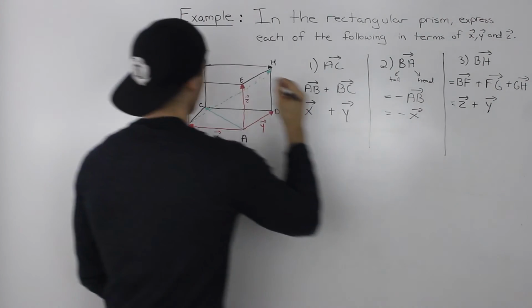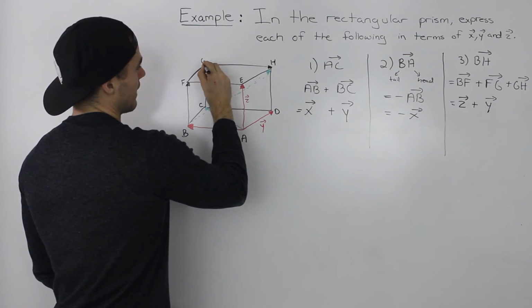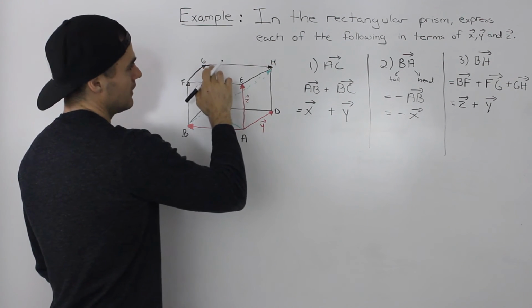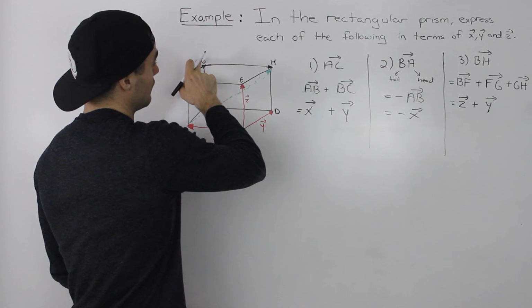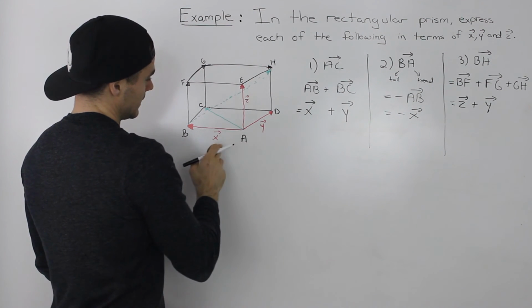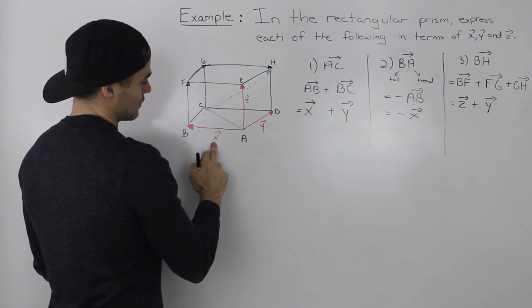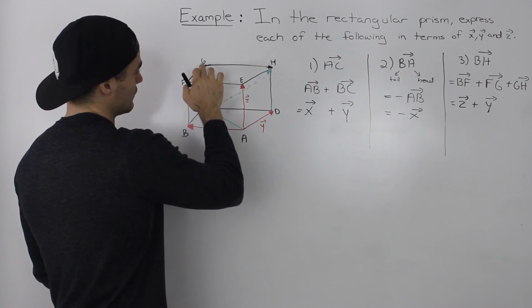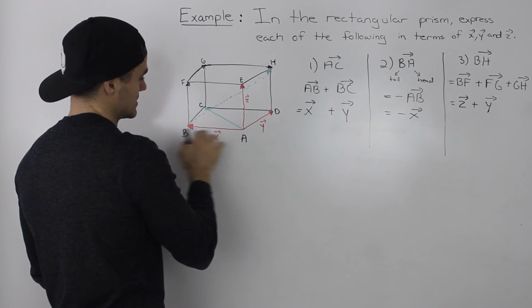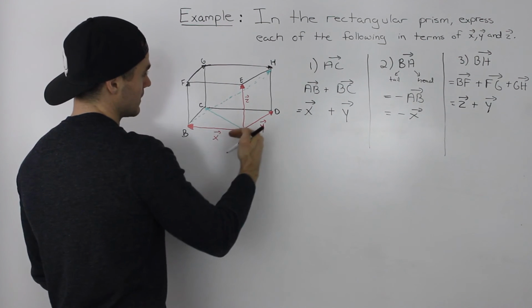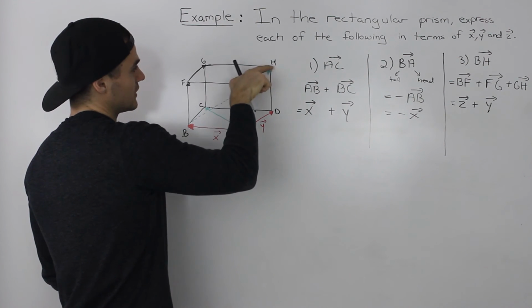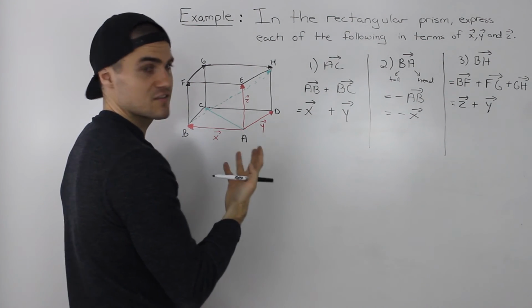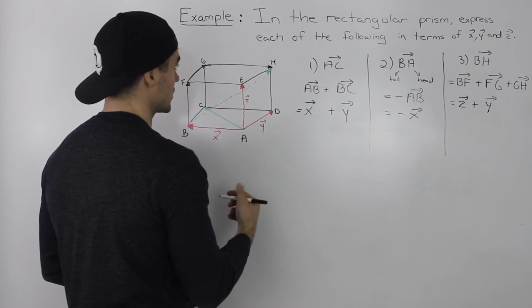And now vector GH, it would start at vertex G and it would end at H. And if you think about it, vector GH is the opposite vector of vector X. It has the same magnitude. The length of the side GH is the same as the length of side AB. But since this vector is going in this direction and the X vector is going in the opposite direction, they are opposite vectors. Same magnitude, opposite directions.